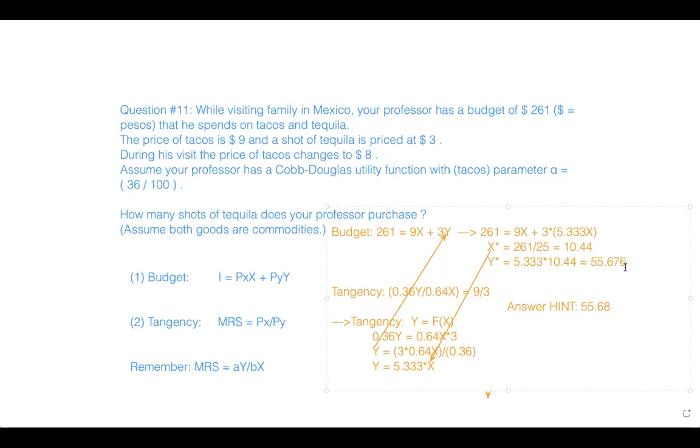So any final questions on this particular problem? Okay. So from that, we got the answers to questions 11 and 12 on the homework.